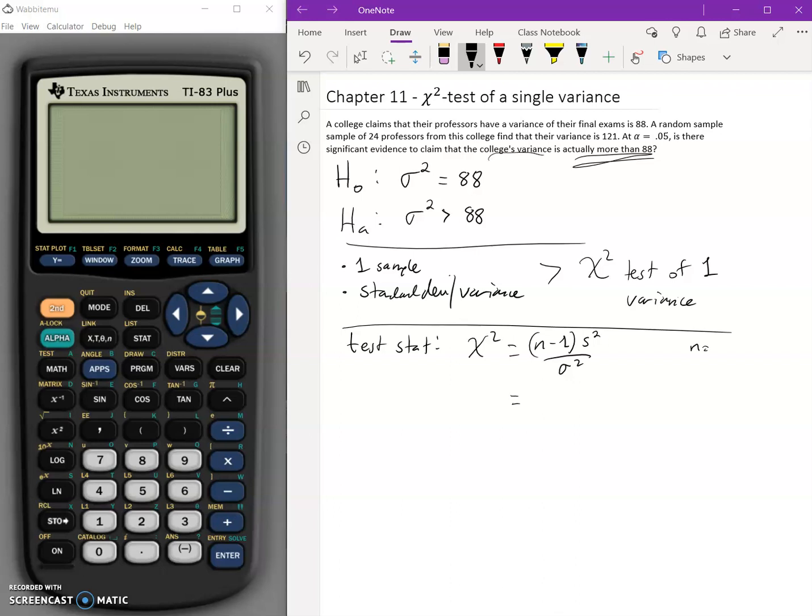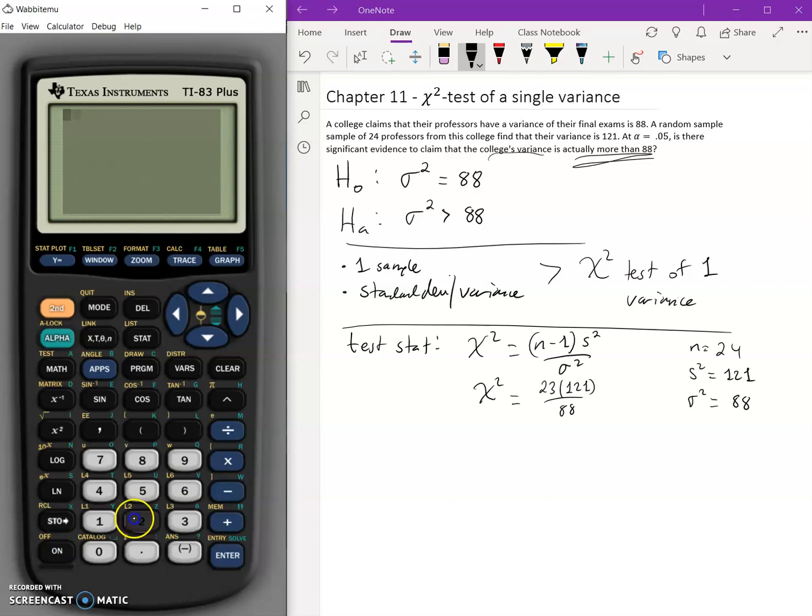So n in this case is equal to 24. We have our s squared, this is the sample variance. Remember, s is the sample standard deviation, s squared is the sample variance, and that was 121. Our sigma squared is the population variance, which is 88. So when we plug things into our formula, we're going to get 23 times 121 divided by 88.